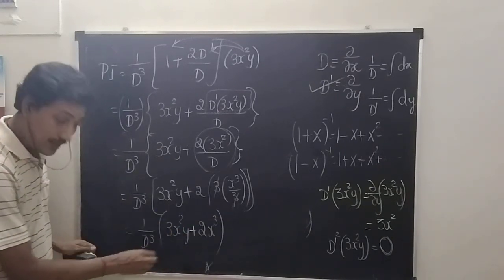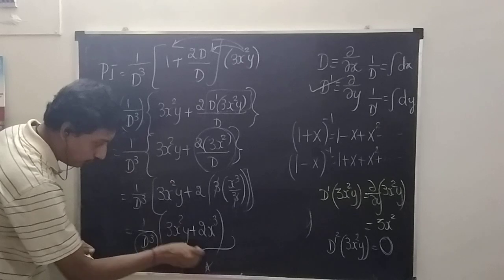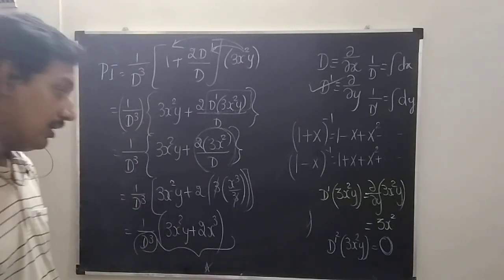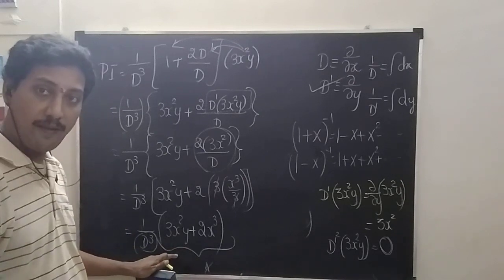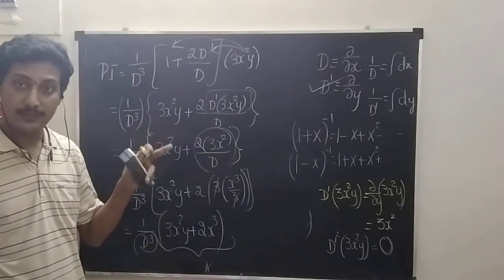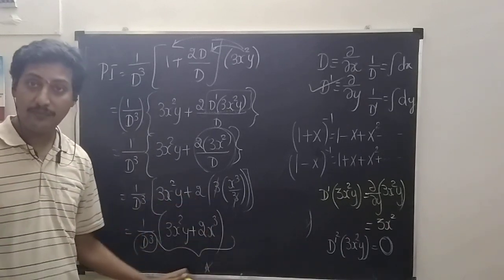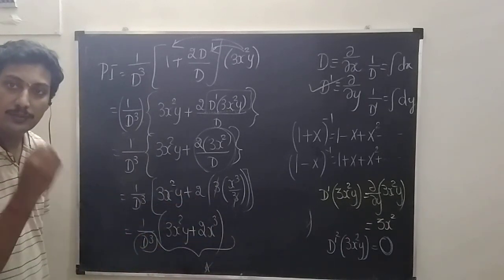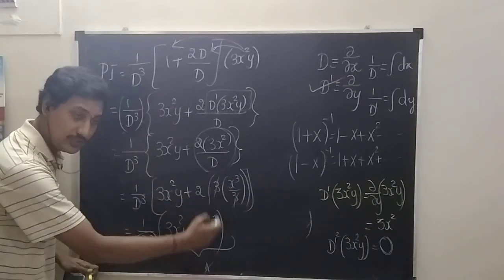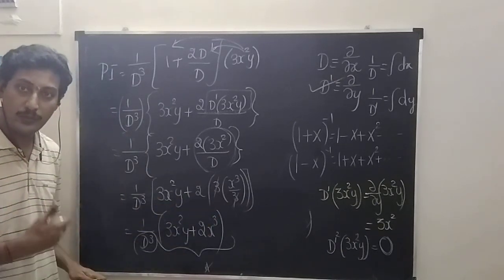So still there is an operator behind this whole term. What does that mean? It means that we are going to integrate this with respect to x, because D stands for x. So we integrate the whole term with respect to x. How many times? 3 times, since the power is 3. So we do this by 3 times integration with respect to x.